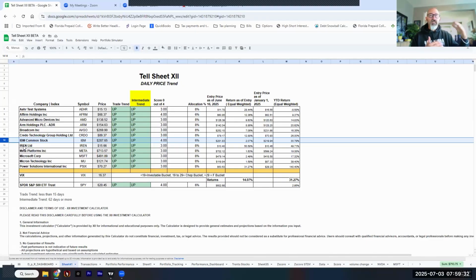All these stocks are coming from Kerry's tell sheet, number one. Number two, I look at it from a qualitative side from my 25 years of experience in applying that to stock selection. And then on the quantitative side, I'm using the mathematical formulas I've built and the knowledge I've accumulated over the last 25 years of my life. So if a position is underperforming, the allocation is going to adjust.